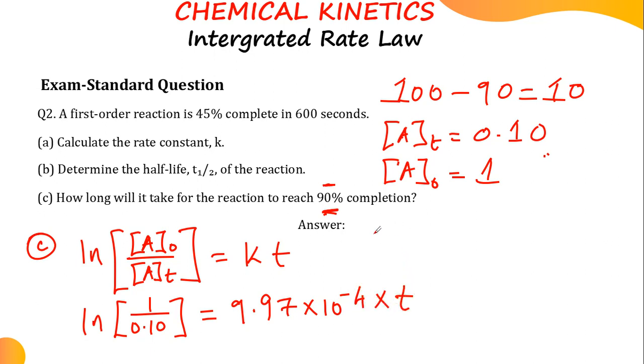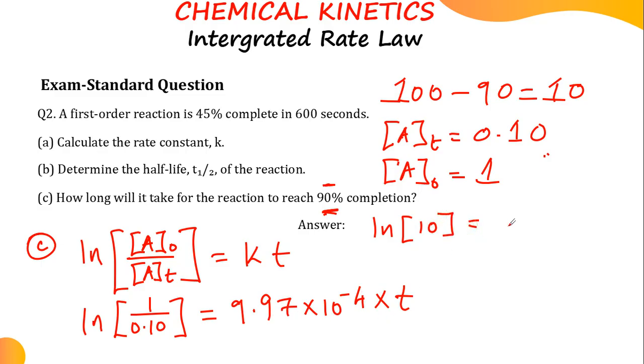Therefore, it's equal to, do the 1 divided by 0.10. What are you getting? 10. Okay, very good, 10.